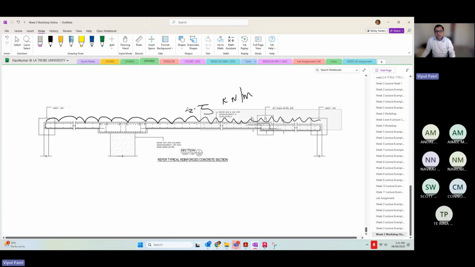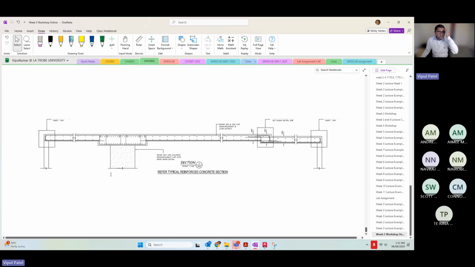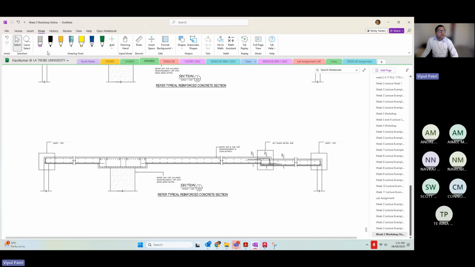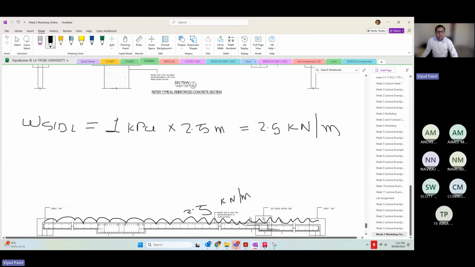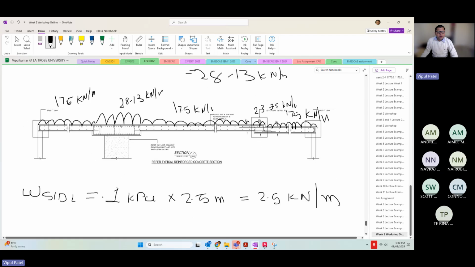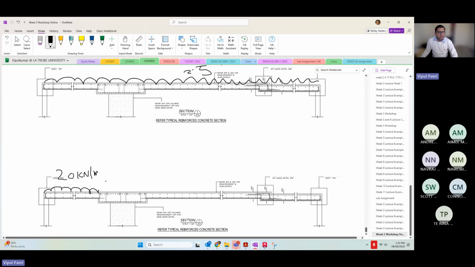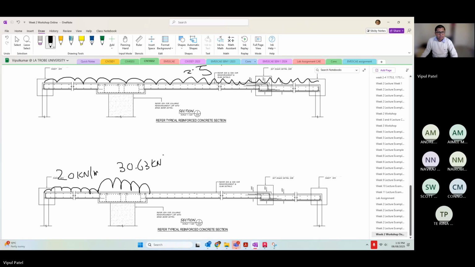You're going to get 20 kilonewton per meter, which is 17.5 plus 2.5. 28.13 plus 2.5, you get 30.63, a bit bigger, 30.63 kilonewton per meter.